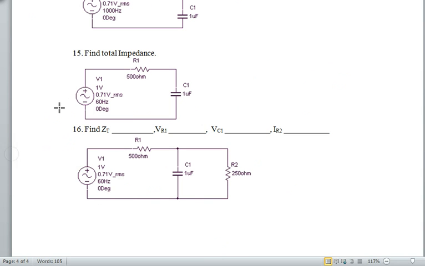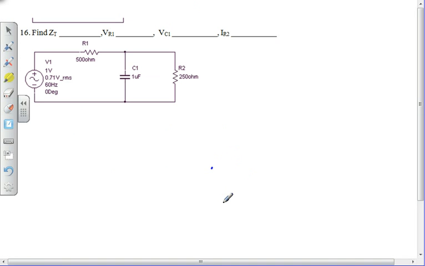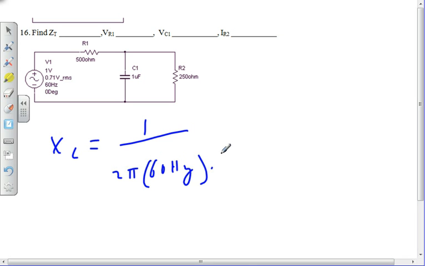Okay, 16. Finally, we get to a worthy problem. All right, so here we go. Number 16. We still need X of C. So X of C is 1 over 2 pi 60 hertz times 1 microfarad.